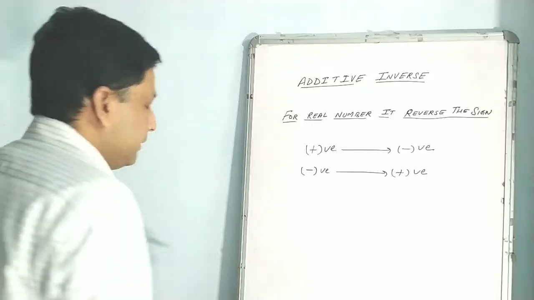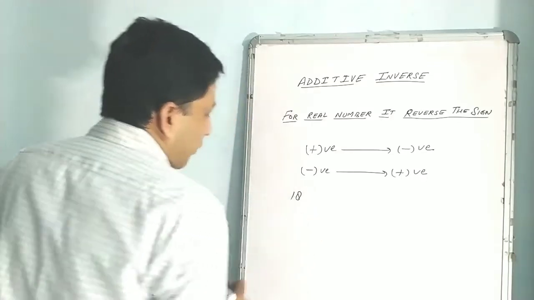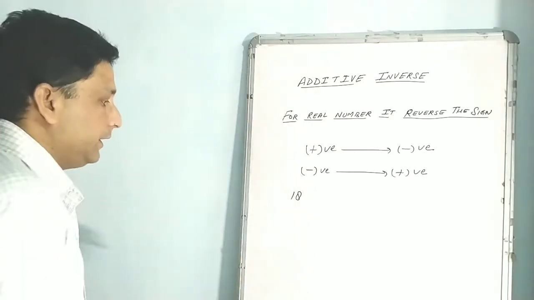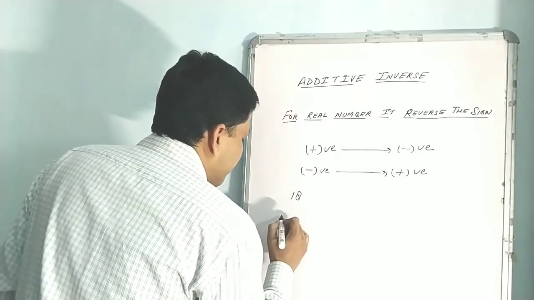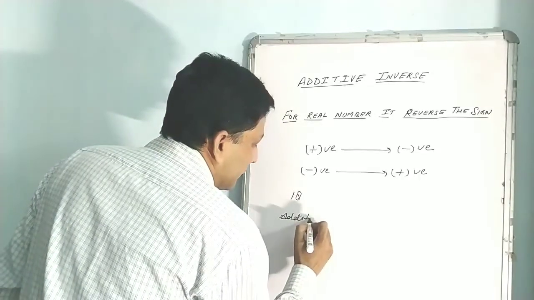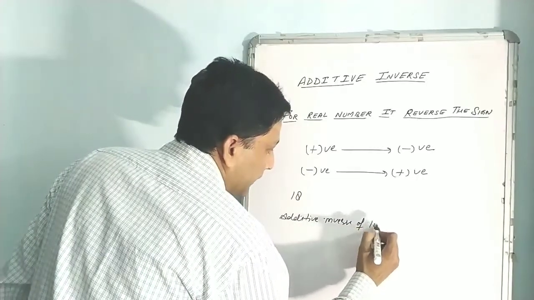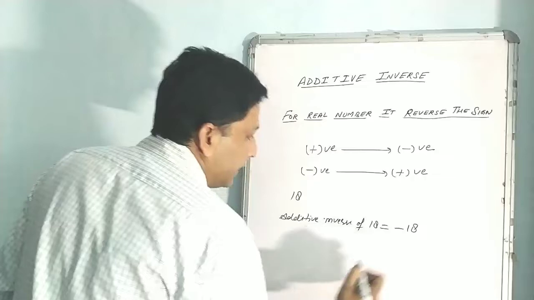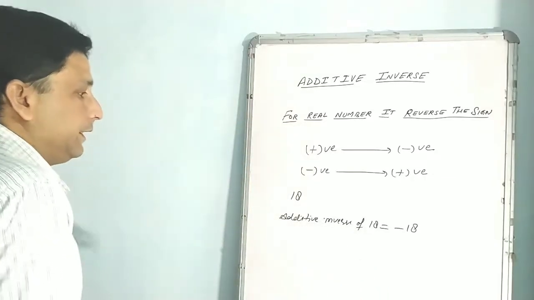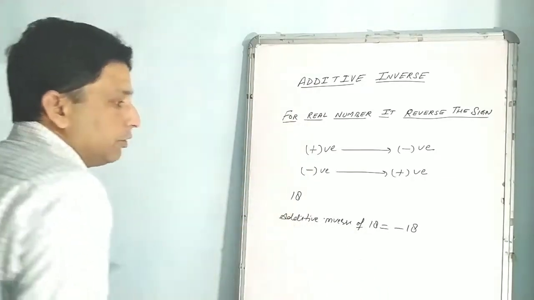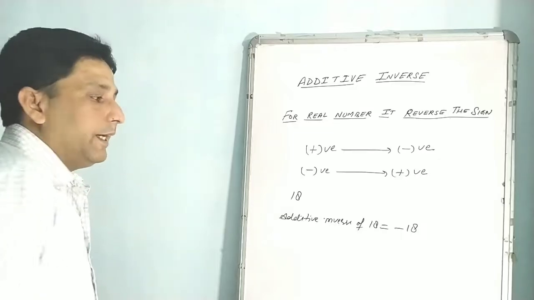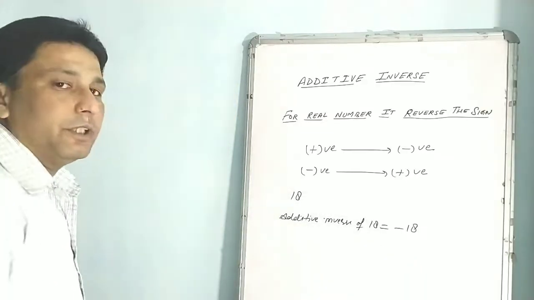Let's take an example. 18. Now what will be the additive inverse of 18? So the answer should be: additive inverse of 18 is equal to minus 18, because here 18 is positive, so after additive inverse we will get minus 18, it will convert into the negative.